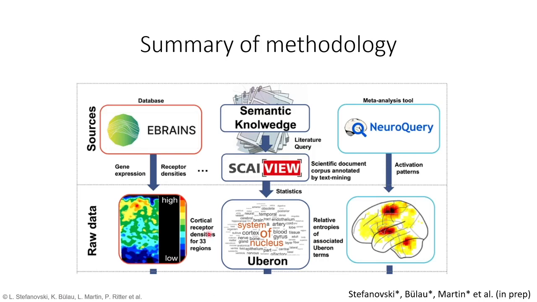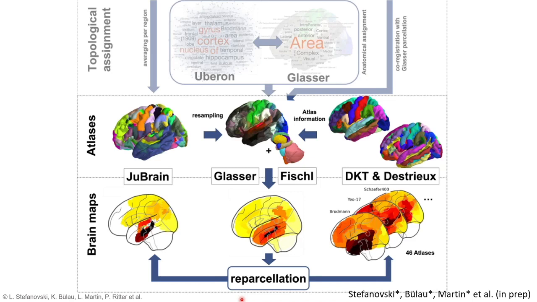So we have a common coordinate framework that integrates semantic knowledge, peak activity coordinates reported in the literature, and empirical data. With that framework, we can integrate all of those three modalities to create maps, compare them with empirical data, and reparcellate them into different parcellations, to compare, for example, with available parcellated data in the Desikan-Killiany or the Jülich brain parcellation, which is the main parcellation in the EBRAINS atlas.